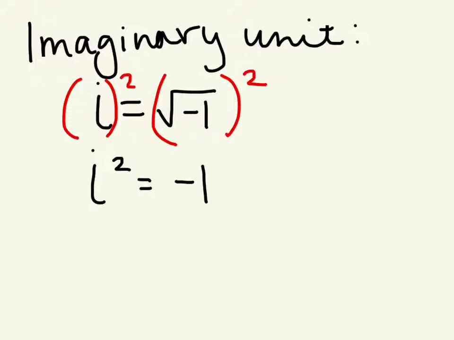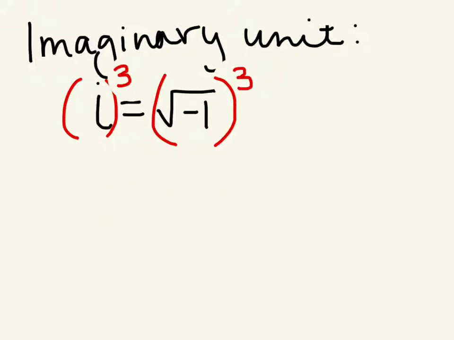Now, what if I take that original expression, I equal to the square root of -1, and I raise both sides to the third power? What I would then want to do is use my exponent rules to separate this idea of the square root of -1.